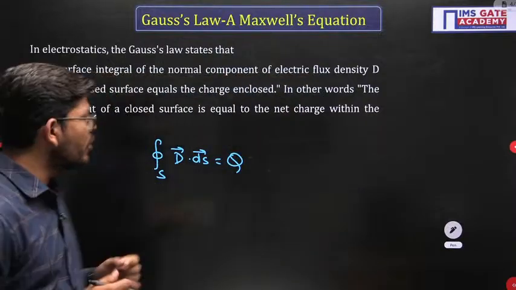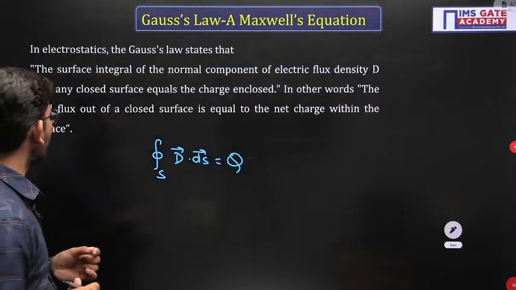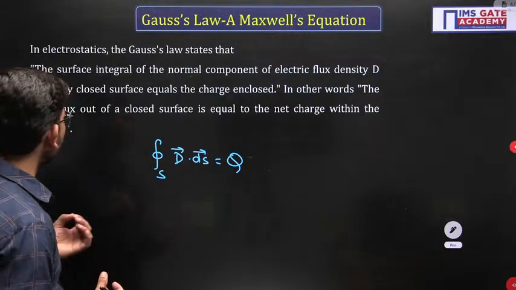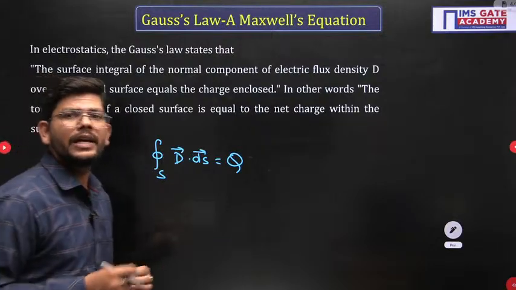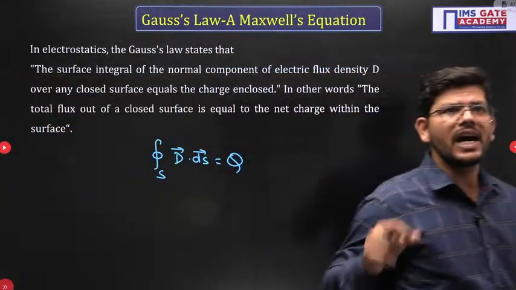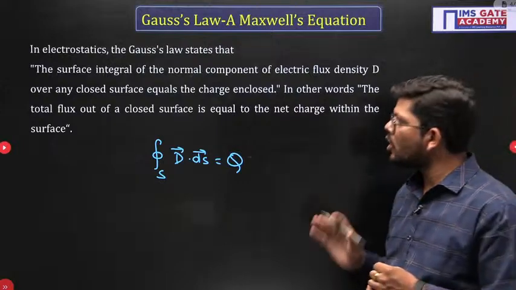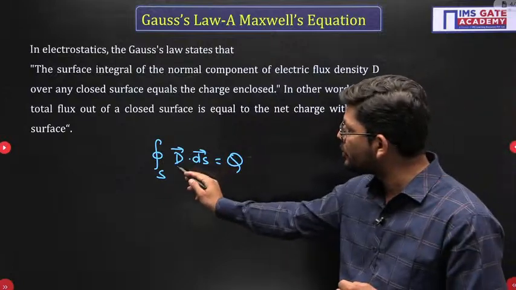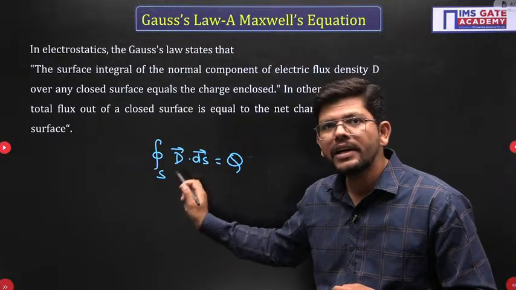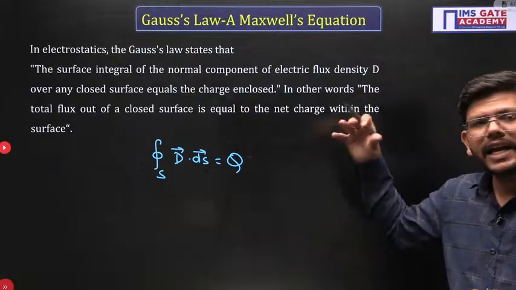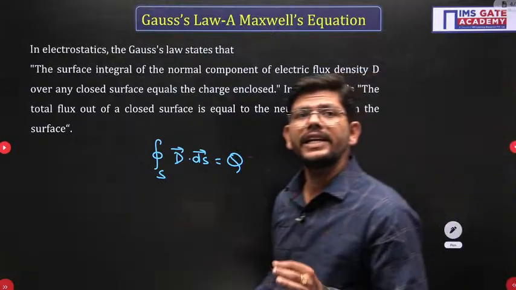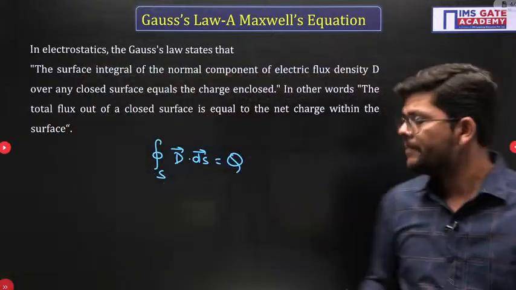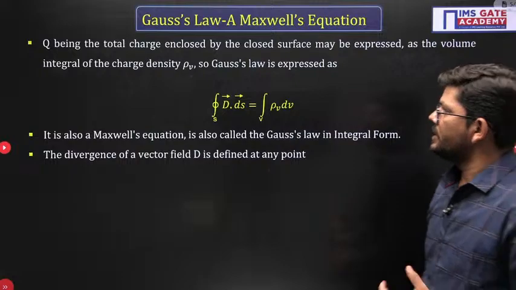You may also call charge a flux, so the total flux coming out from the closed surface is equal to the charge enclosed inside the surface. Surface integral D dot dS equals Q. This is the statement of Gauss law, which we discussed yesterday as well.